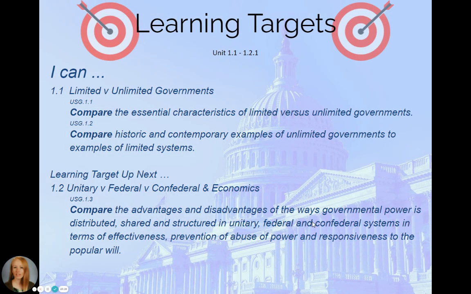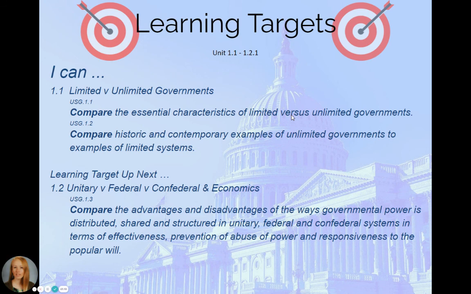So our learning target that we were to accomplish by going through this lesson is to compare the characteristics of limited and unlimited governments, and to compare historic and contemporary examples of unlimited governments to examples of limited governments.